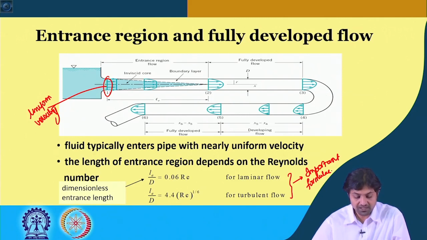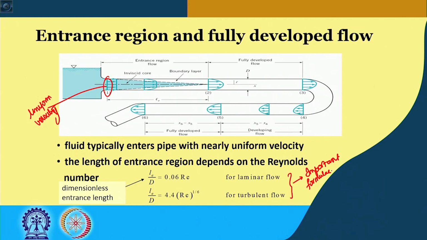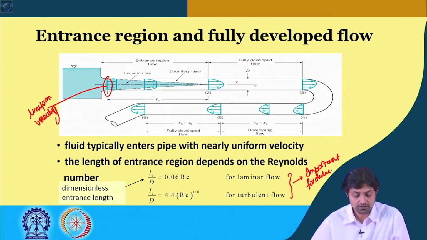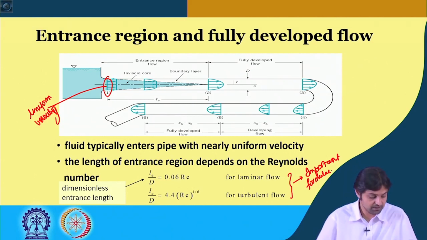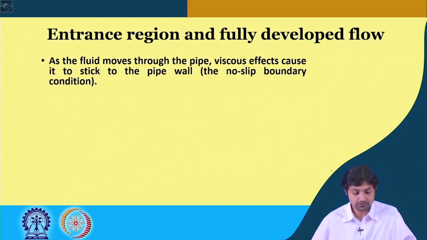If the flow is laminar, we will have a shorter entrance length, whereas if the Reynolds number is high, or the flow is turbulent, we will have a longer entrance length region.